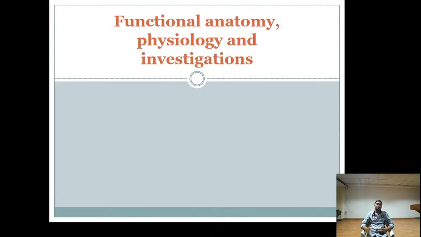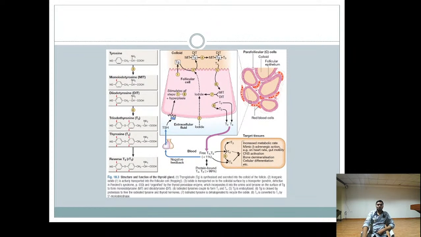Coming to functional anatomy, physiology and investigations. In this figure we can see the pituitary gland secretes TSH, which acts on the TSH receptor present on the follicular epithelial cells of the thyroid to stimulate the synthesis of thyroglobulin. The thyroglobulin is secreted into the colloid, and there is iodine trapping.